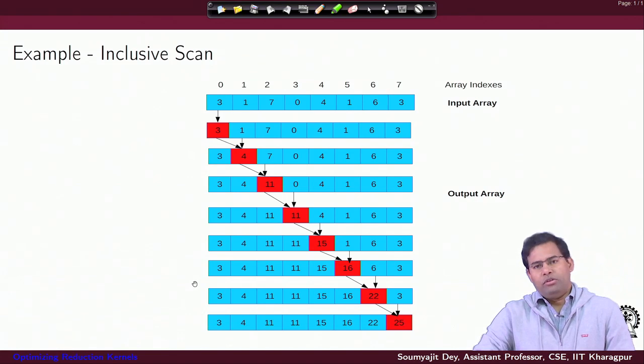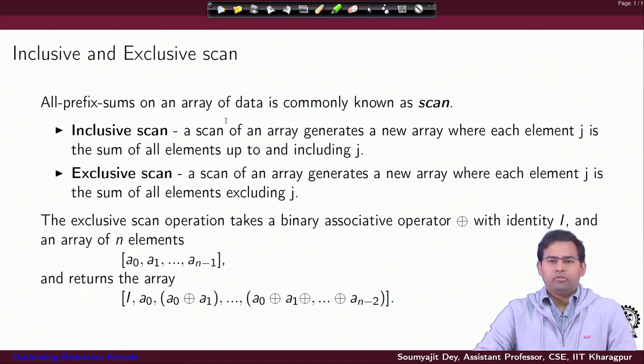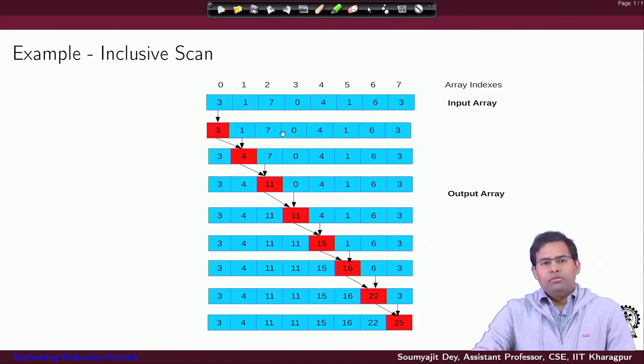By the way, you may be wondering why we are suddenly using this word scan here, because in general this operation is popularly known as a scan of the data under question, a scan of an array. So when I say it's an inclusive scan, the picture would ideally be looking like this: suppose this is your input array and your output array is being computed through stages like this, that 3 plus 1 is 4, 4 plus 7 is 11, like that.